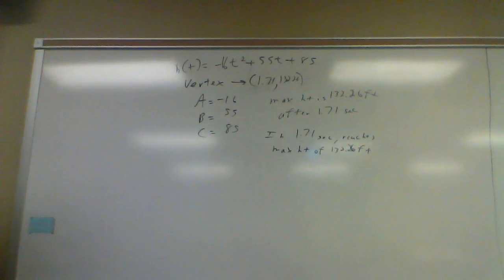Okay? Does that make sense? Okay. Now, go ahead and run the quad program and tell me when it's going to hit 0. So put the same A, B, and C in.